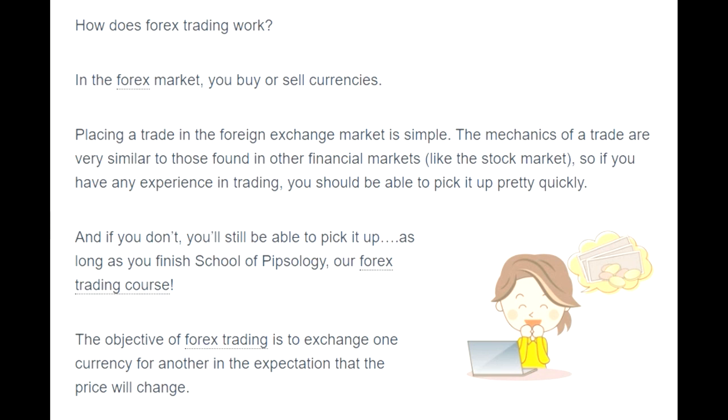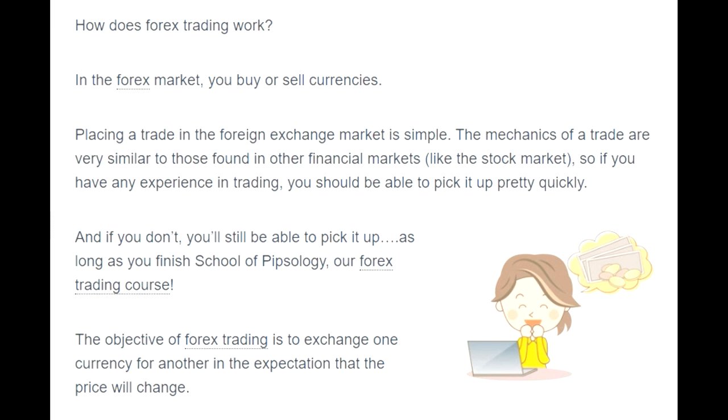In the Forex market, you buy or sell currencies. I can't read everything for you, but if you really want to understand more, please pause the video and go through everything. So in Forex, you just need to have a prepared psychology to either lose money or make money. The mechanics is similar to that of the stock exchange market.